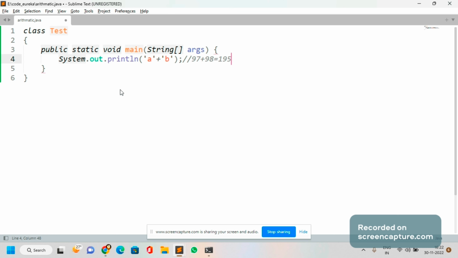Next print a plus 0.89. ASCII value of a is 97 plus 0.89, so the output will be 97.89.